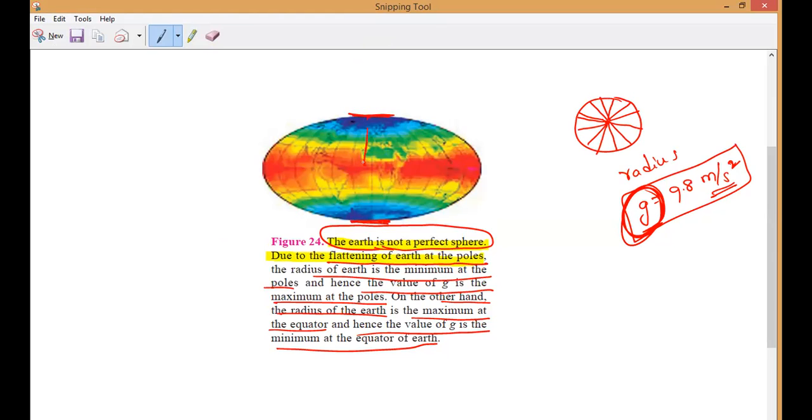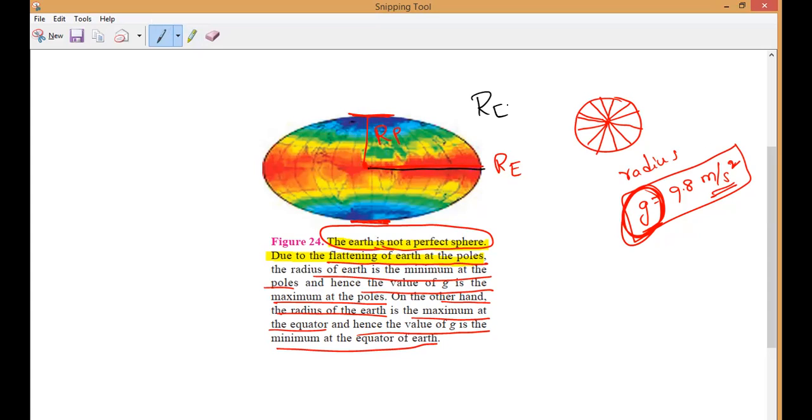From the center, if you notice, this is what we can say is the radius at the poles. And from the center to the equator, this is what we can say is the radius at the equator. Now, which looks bigger, Harish? Poles or equator? Equator. So I can say the equator radius is greater.